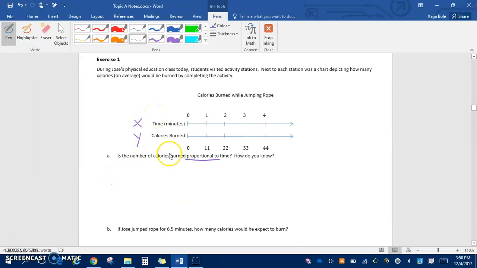We're going to start checking. We're not going to do 0 divided by 0. That one doesn't really count. We're going to look at 11 over 1, which is 11. Now we're going to look at 22 over 2, which is 11 again. We're still good. We're going to look at 33 over 3, which is 11. And then last we have 44 over 4, which is 11.